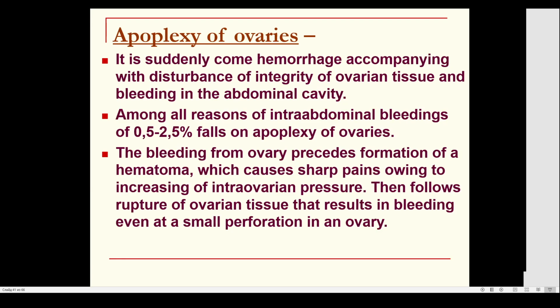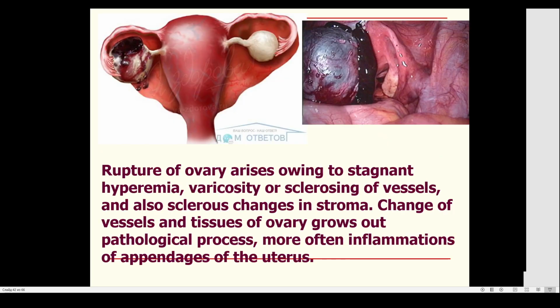Rupture of the ovary arises owing to stagnant hyperemia, varicosity, or sclerosing of vessels, and also sclerotic changes in the stroma. Changes of vessels and tissues of the ovary are caused by a pathological process, more often inflammation of the appendages of the uterus.